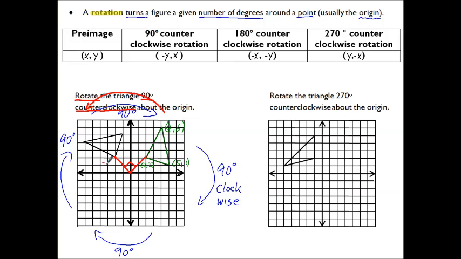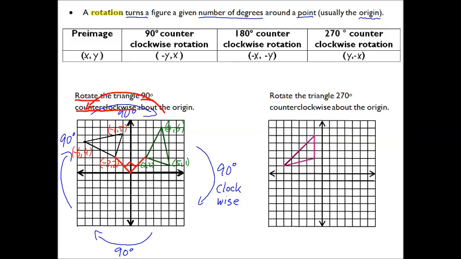Negative 2 and 2, negative 6 and 4, and our third point has the coordinates negative 1 and 5. We went 90 degrees counterclockwise as in our first box up here, and as you can see, the coordinates got switched and the y coordinate became negative.